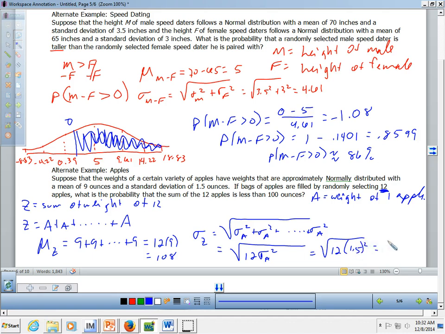And that new standard deviation would look like, somebody can check my math, but I'm pretty sure it's 7.79.